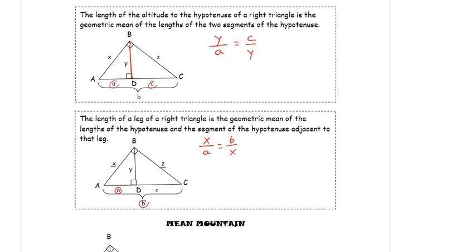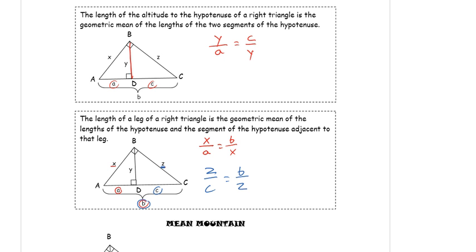So x over the short side, AD, that short length there, which we just have labeled as A, so x over A equals B over x. It's the geometric mean. We're also going to use it here on this side, and it's going to be the same kind of thing, except it's going to be Z over C equals B over Z.